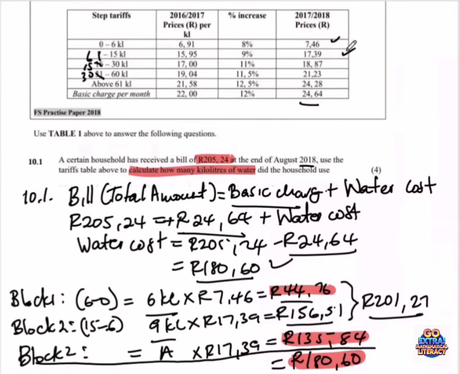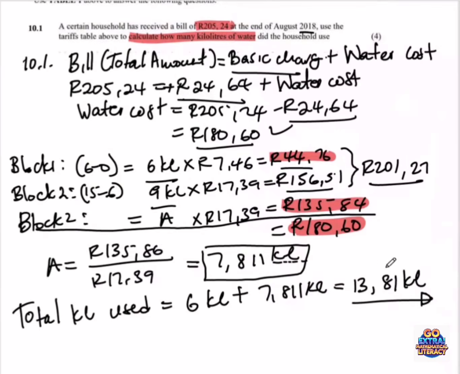Using block number 1 and block number 2, see if it gives you 180 if you get these kiloliters. You just calculate the normal way, looking for the cost before including VAT.